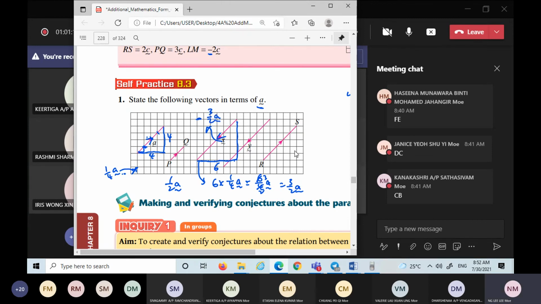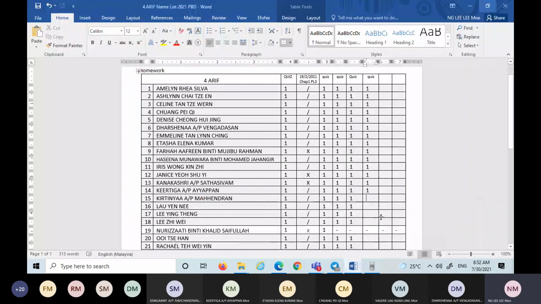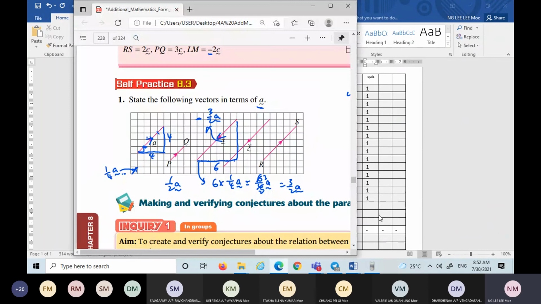So for this, x is negative 3 over 2a. Is that okay? I'm not sure whether she's still here. Who's the next one? Yin Ting, can you do y? You no need to do this as your exercise also, but if you see this case is quite special, you want to copy, can.